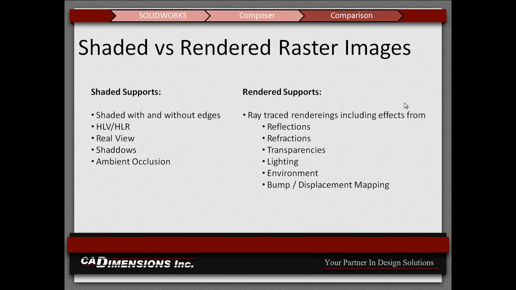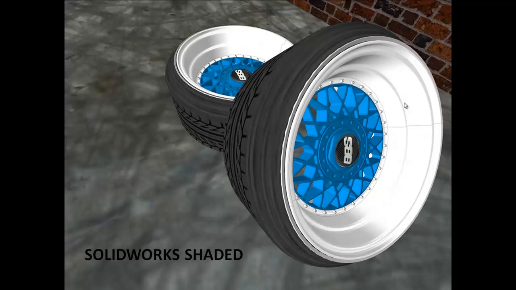Okay, so there are two different types of raster images that we'll end up seeing as we look at this comparison. For example, here is a model. I downloaded this model and just threw some textures on it. Told you I was a gearhead, sorry. Here we have just a screenshot of a SolidWorks shaded model. So this is how you would expect to see it if you've got some appearances thrown on in SolidWorks.